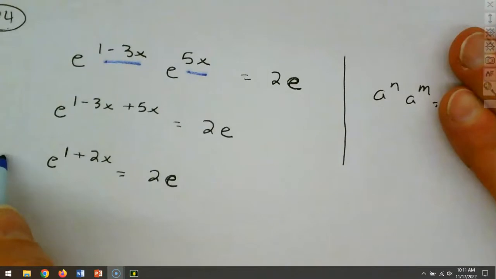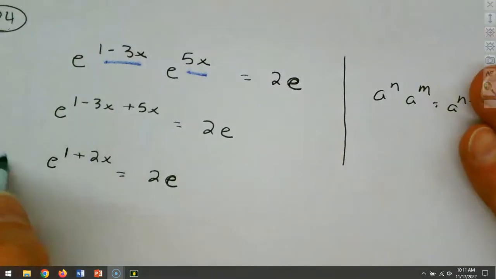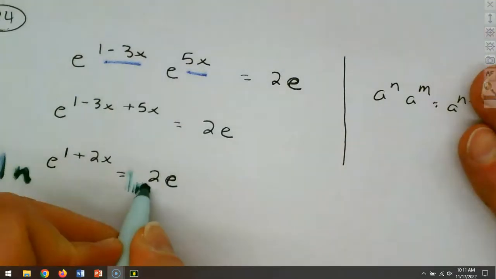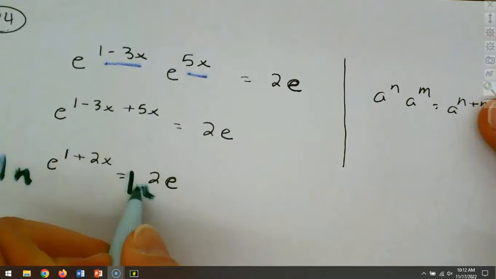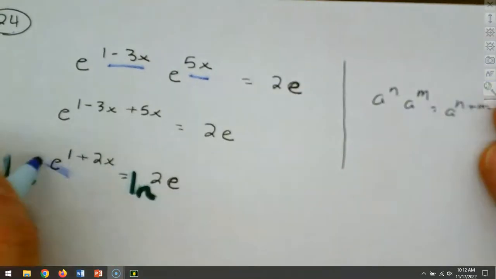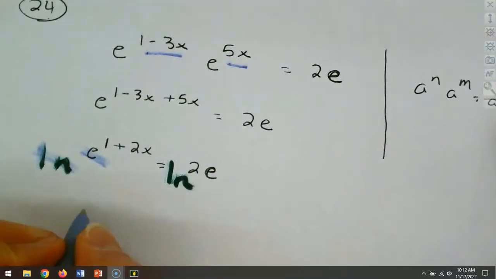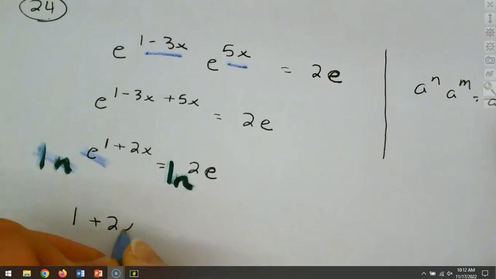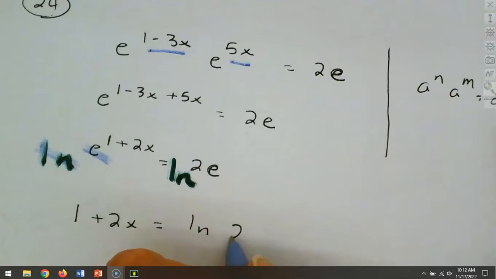So let's try that. So again, all of them are a little bit different. But let's try taking the natural log of both sides. And what's going to happen here? Well, when I do that, that e and that natural log, those can cancel. Right? So that's going to go away, and that's going to give you 1 plus 2x on the left-hand side equals the natural log of 2e.